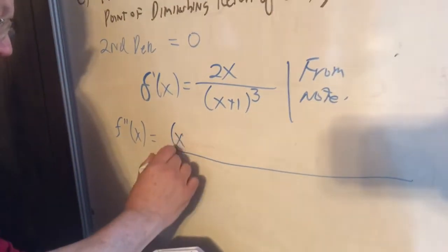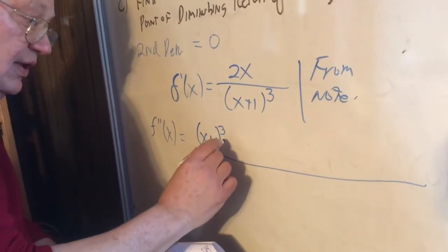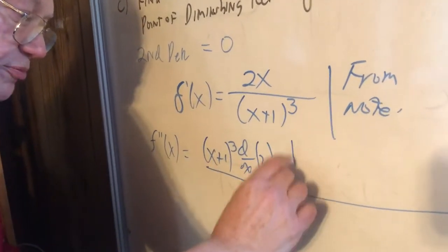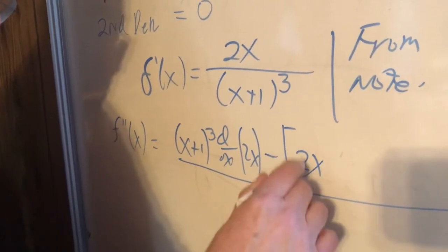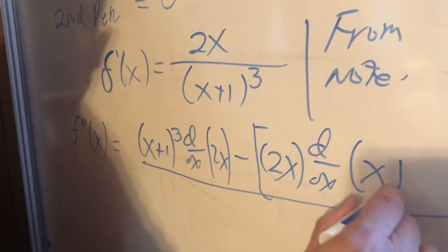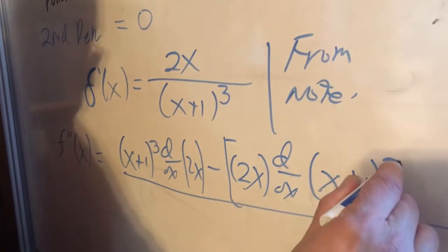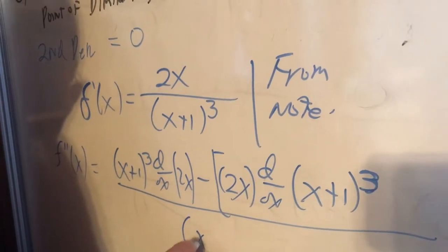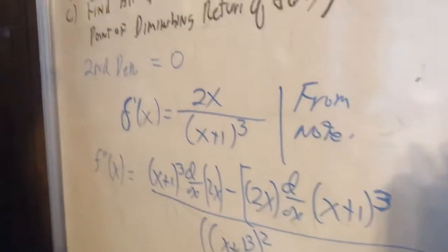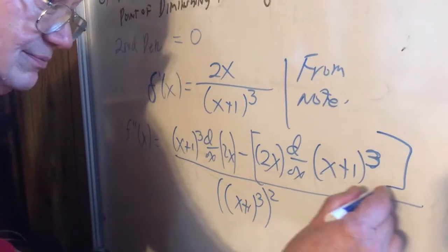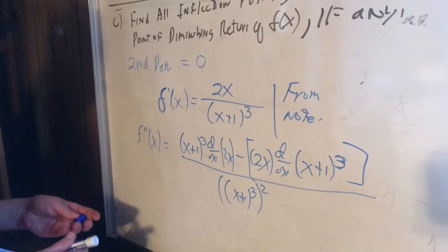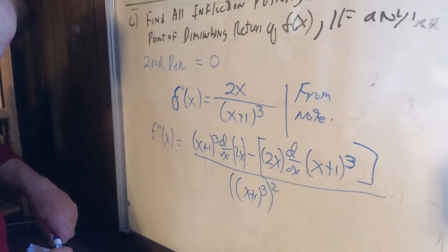So I'm going to take the bottom times the derivative of the top, minus bracket, the top, times the derivative of the bottom, over the bottom squared, and close bracket. Thank you. Okay, so we're now coordinating with your notes.